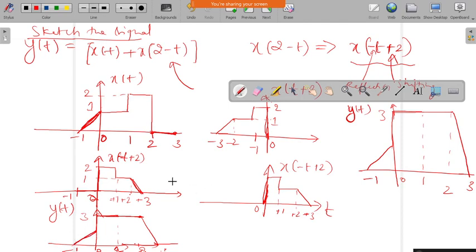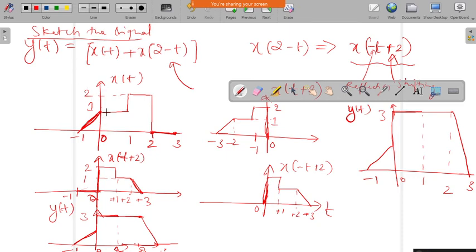The actual signal will not be present. So when x of t plus 2 is not there, when x of t is there, it should not come, sir. It should become 0, no? Minus 1 to 1 will become 0, no, sir? When x of t plus 2 is not there at the output side. No, x of minus t plus 2 is 0 here. Minus 1 to 0 we have to take, right?